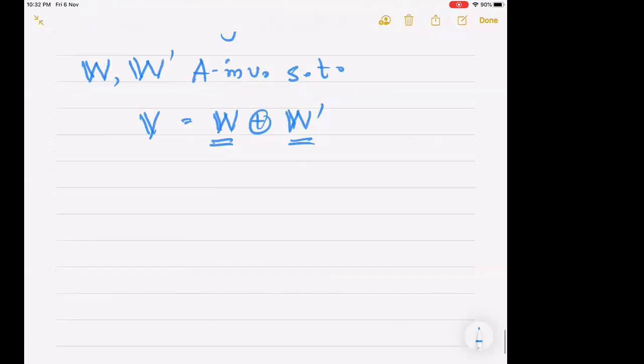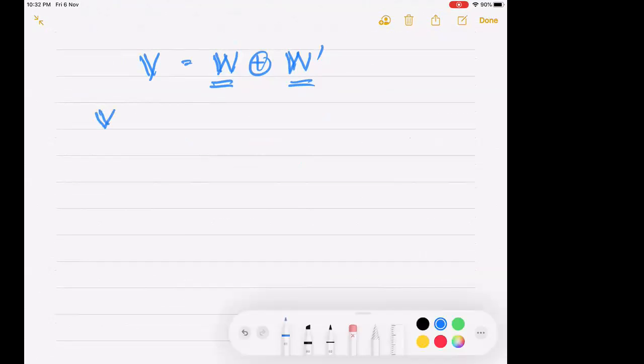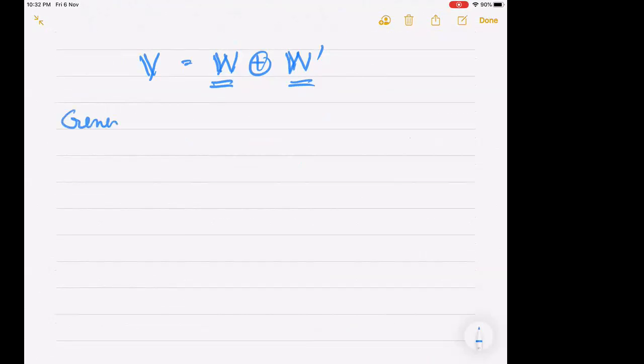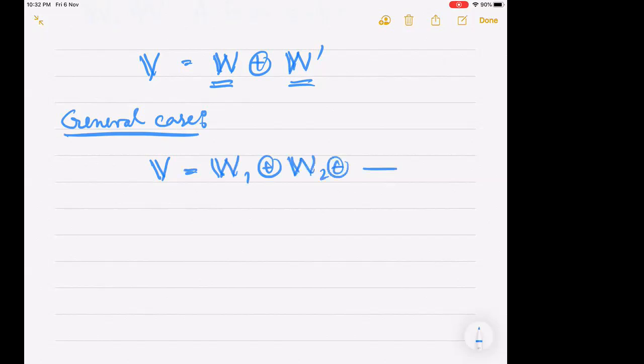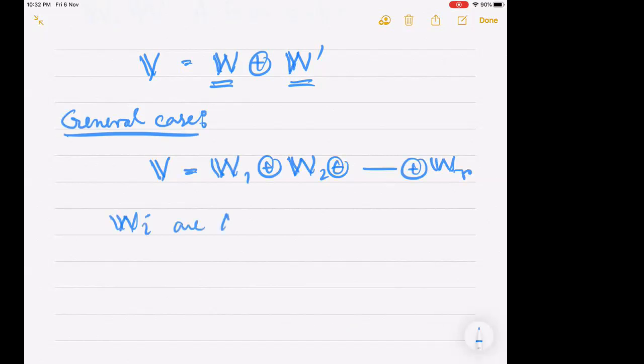With a little stretch of imagination, for the general case, if further we can do the following, that V is a direct sum of subspaces, let me not use K, let me use R, W1 up to WR, where all of these Wi's are A invariant.